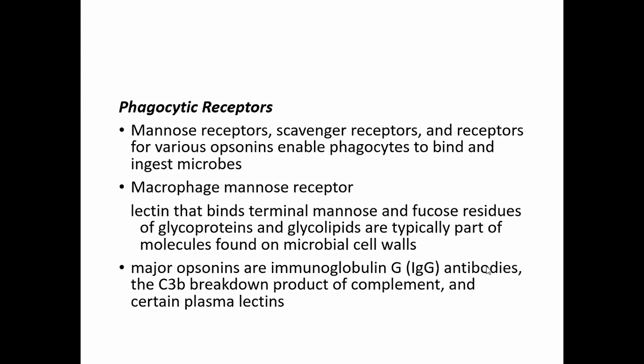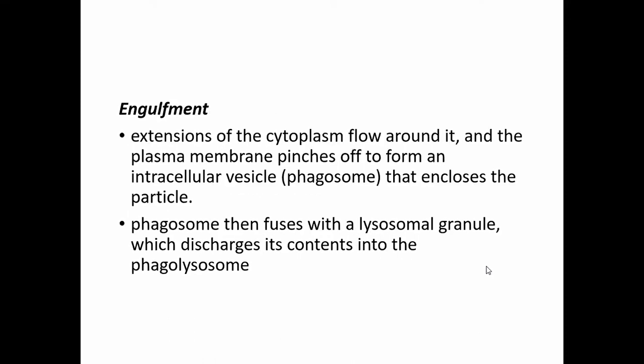In engulfment, after the particle is bound to the phagocyte receptor, extensions of the cytoplasm flow around the microbe, and then the plasma membrane pinches off to form an intracellular vesicle, or phagosome.